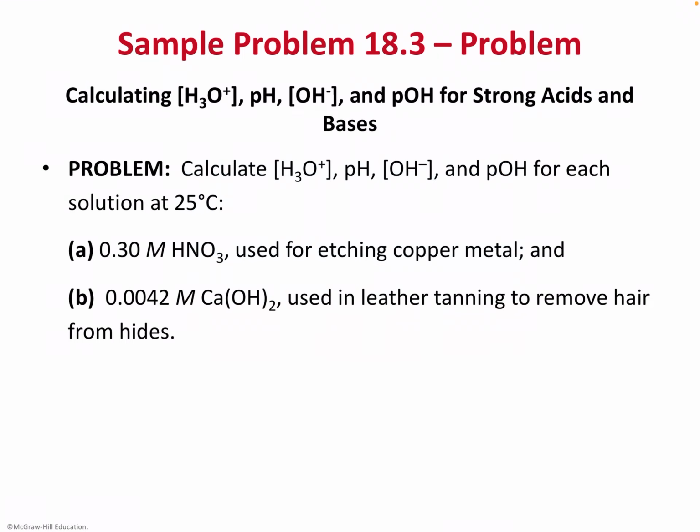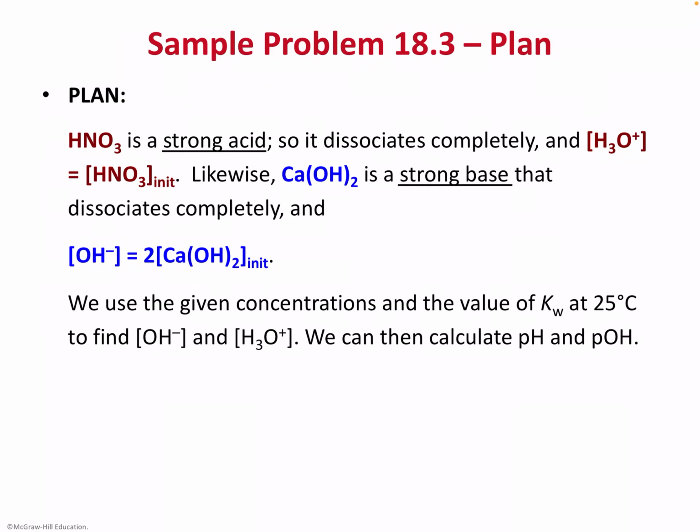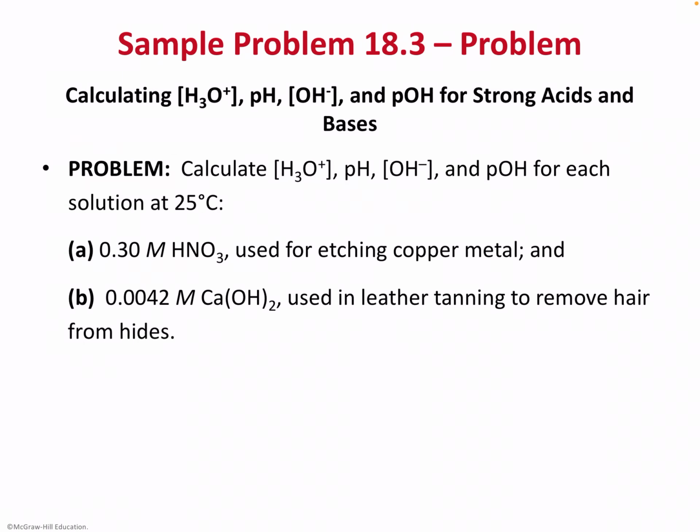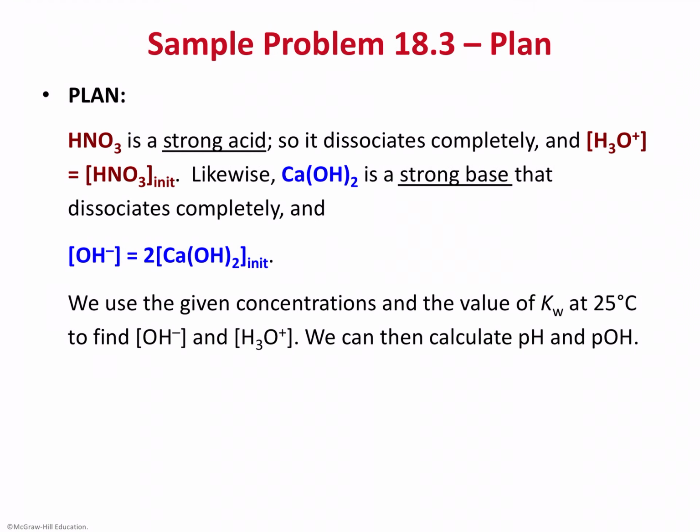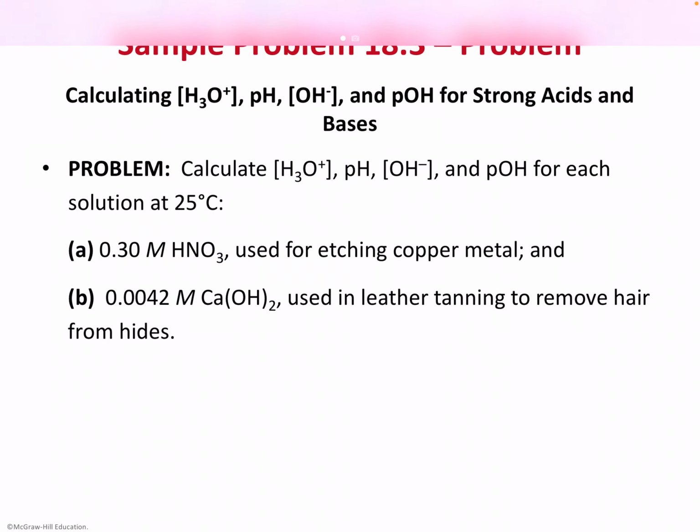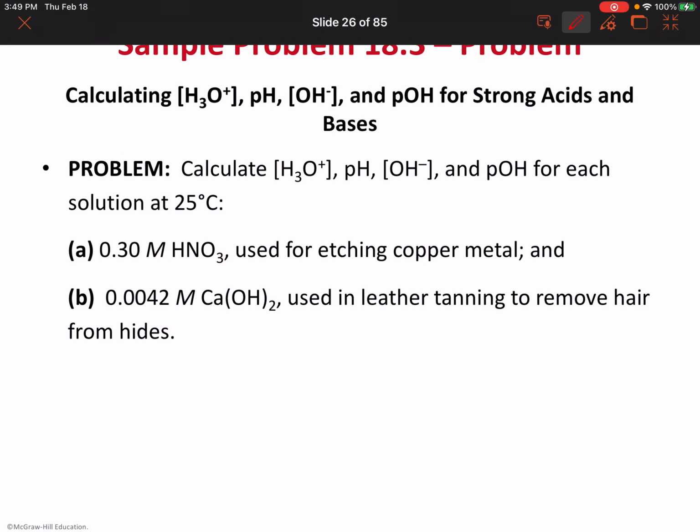So for 0.3 molar nitric acid, HNO3. Nitric acid will dissociate to give you nitrate ion and a hydronium ion.